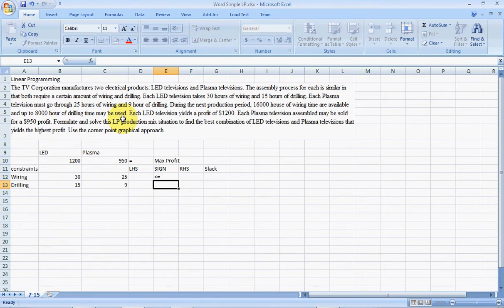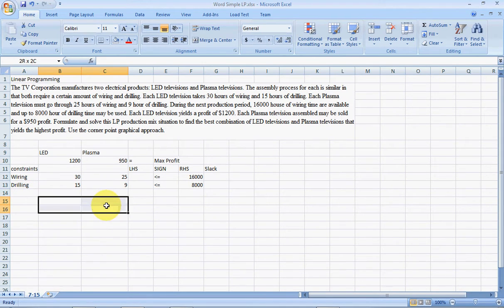So we can see that we can't go more than that, so it's going to be less than or equal to, and it's going to be the 16,000 and 8,000. Okay, and we see if there's any more. Nope. So that's it.